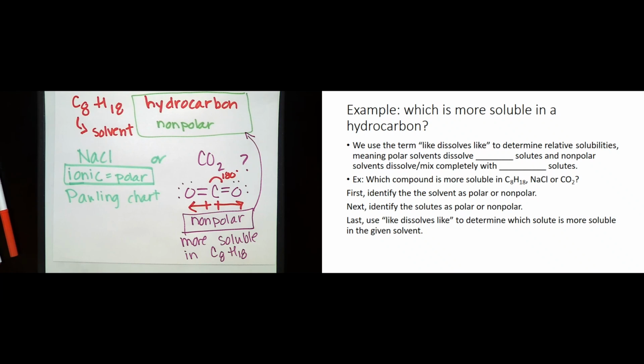Water, you draw the structure or just familiar with water, it's a very polar solvent. So if the question was, which is more soluble in water, the answer would be sodium chloride, more soluble in water because it's an ionic compound, which is polar, and water is polar. So it's really important with this like dissolves like that we're looking at polar and non-polar.